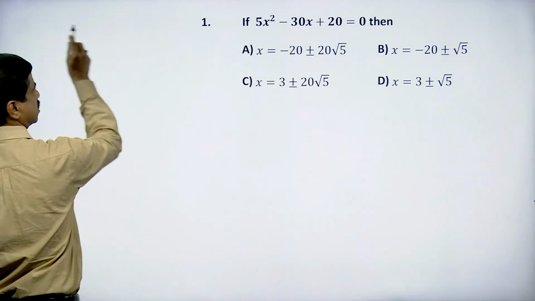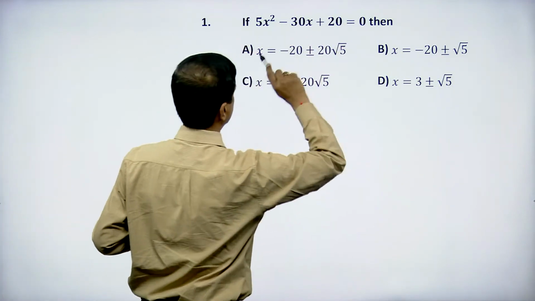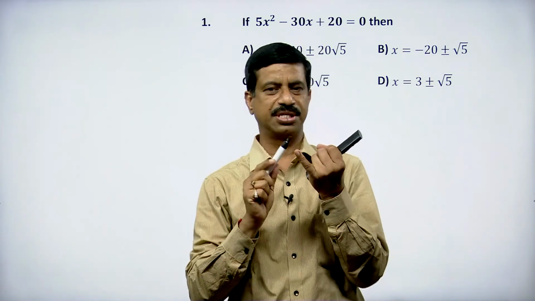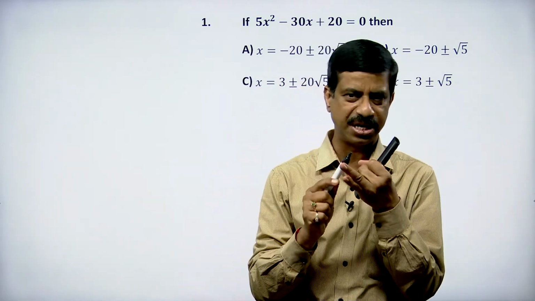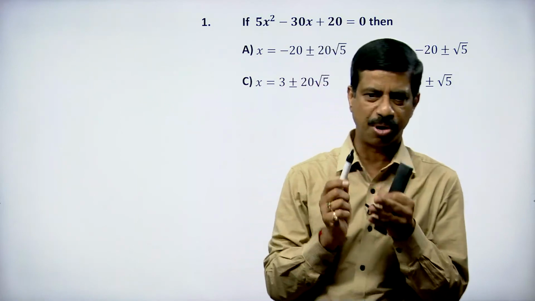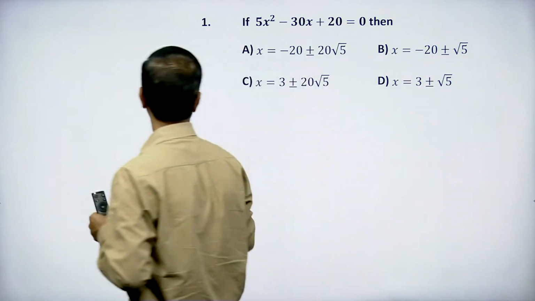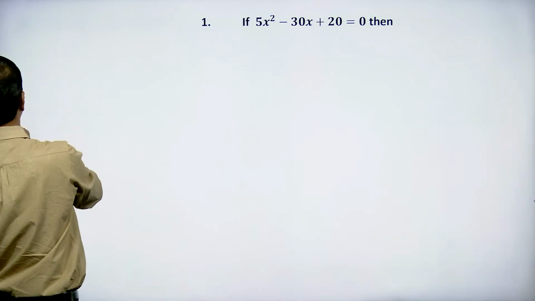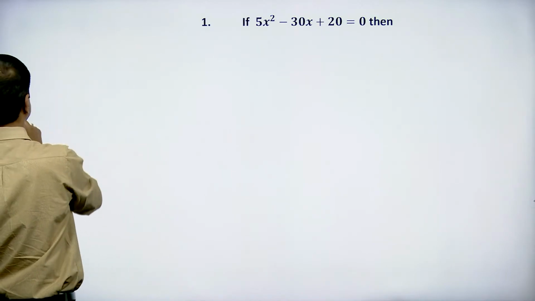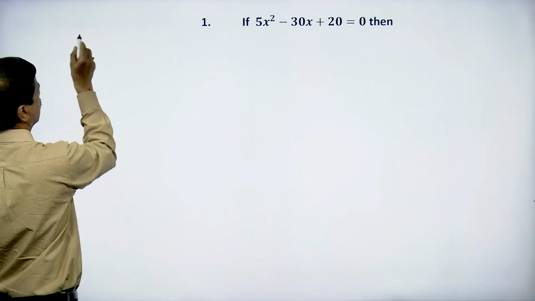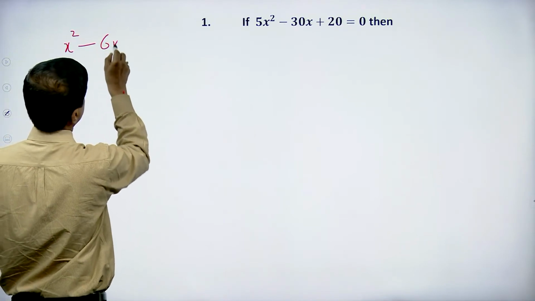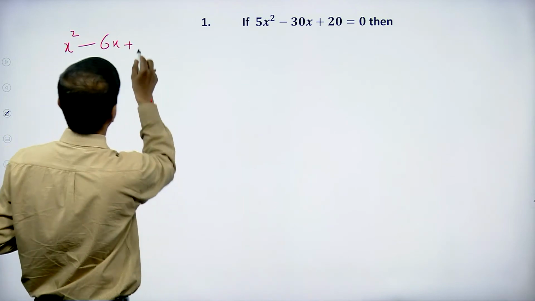So he said this is the equation, he just asked you to find out the solution, but he did not tell whether it is completing square or breaking into factors or using the formula. Nothing is known. So if you take 5 common, you will get x square minus 6x plus 4 equal to 0.